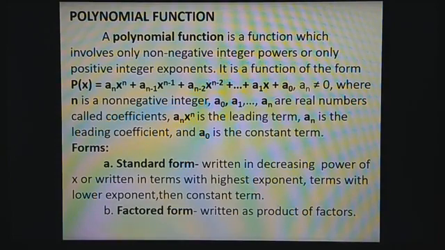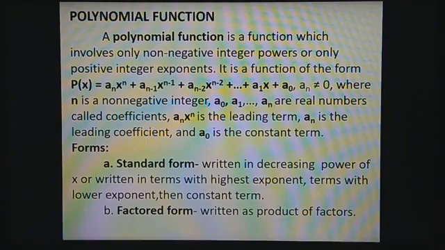First one, we have here the standard form. When we say standard form, this is the form of polynomial function wherein this is written in decreasing power of x, or written in terms with highest exponent first, followed by terms with lower exponent, then constant term.